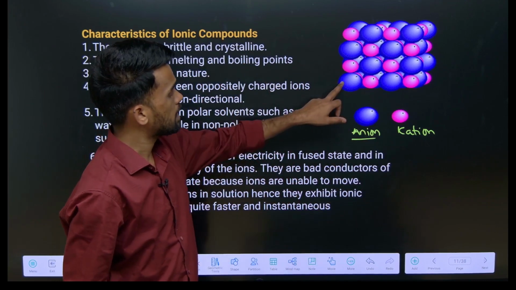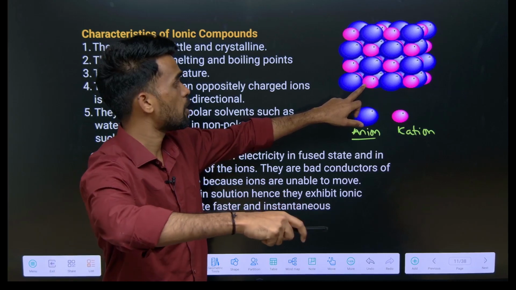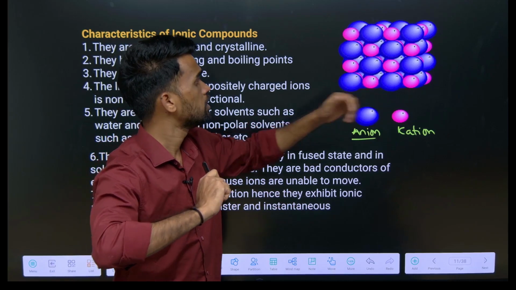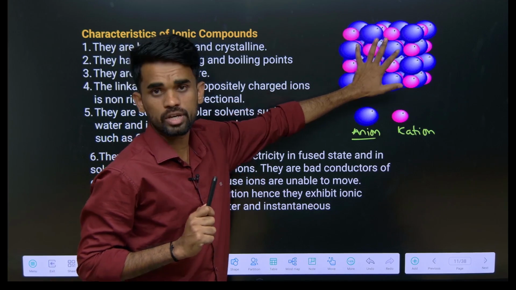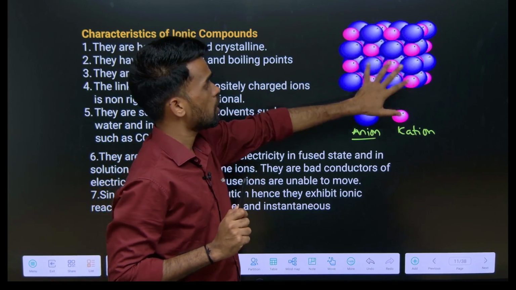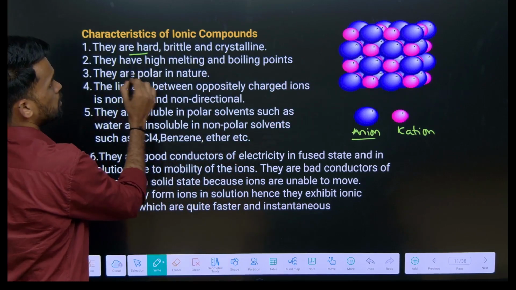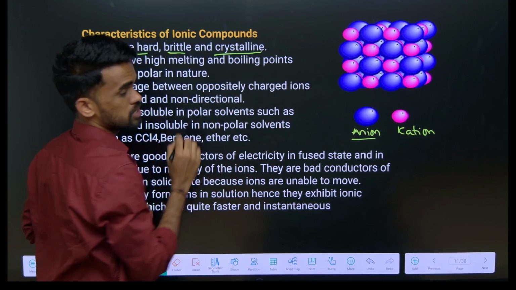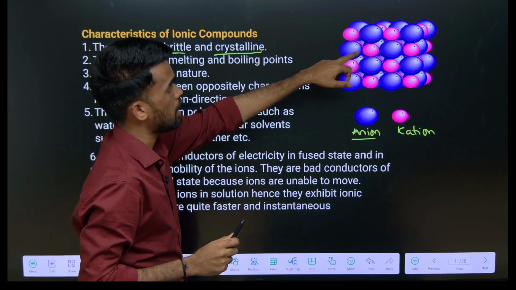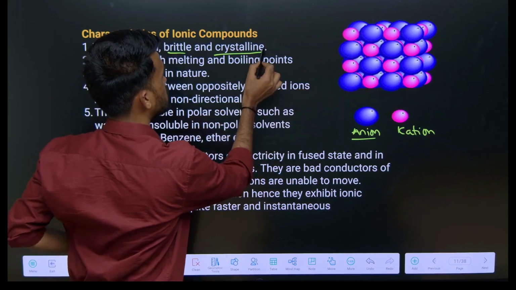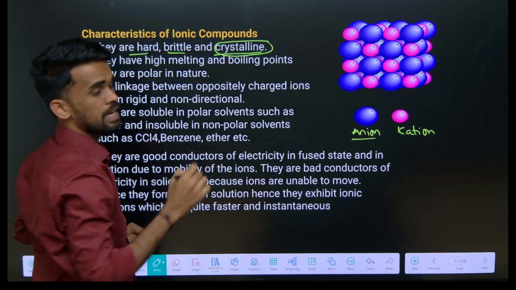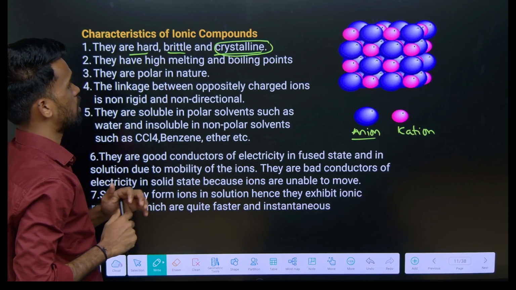Now the cations and anions are arranged in a proper orientation in the crystal lattice. Due to this proper orientation of cation and anion, they are hard, brittle, and crystalline. In this lattice all the ions are properly oriented, which results in a crystalline structure.